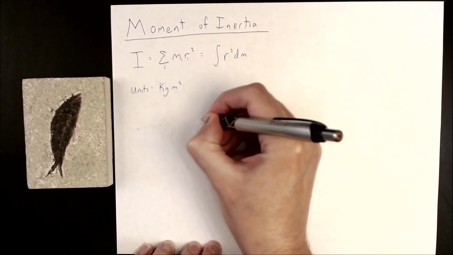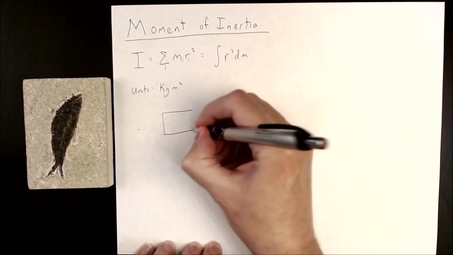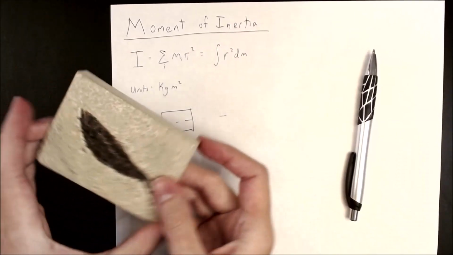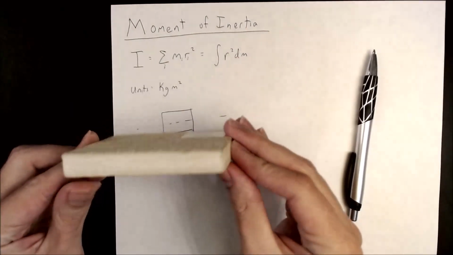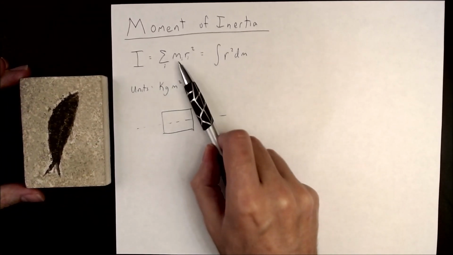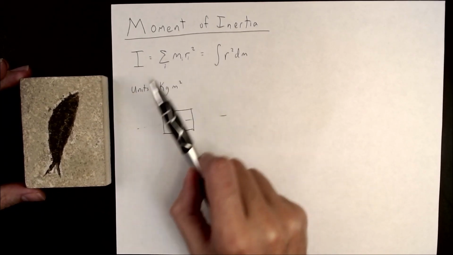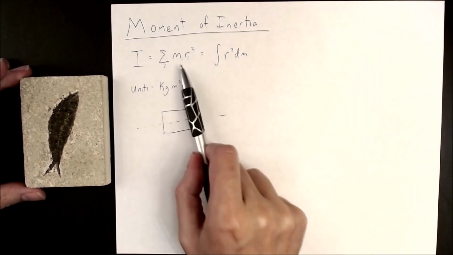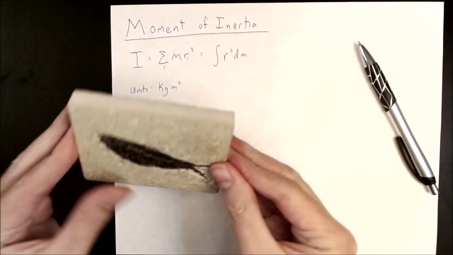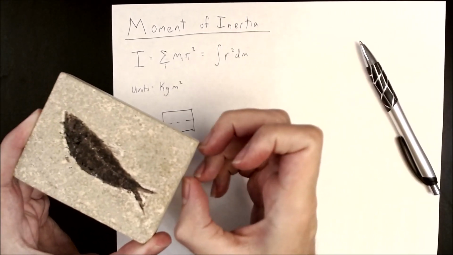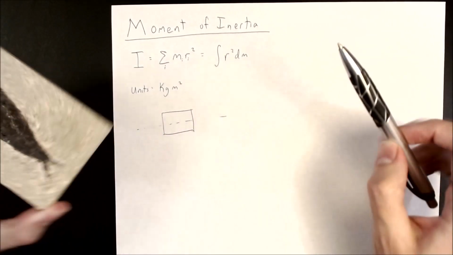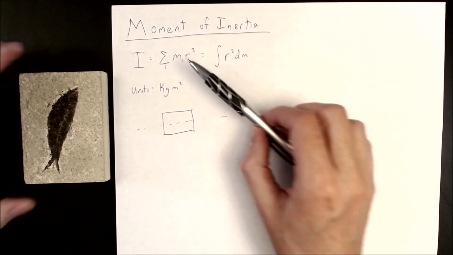If you have some axis around which something is rotating, like this, that dotted line is the axis, you have to look at all the individual mass components and find how far away each one is from the center of rotation. So as this is rotated around, the distance from the center of rotation to each individual point of mass is going to give you that R right there.